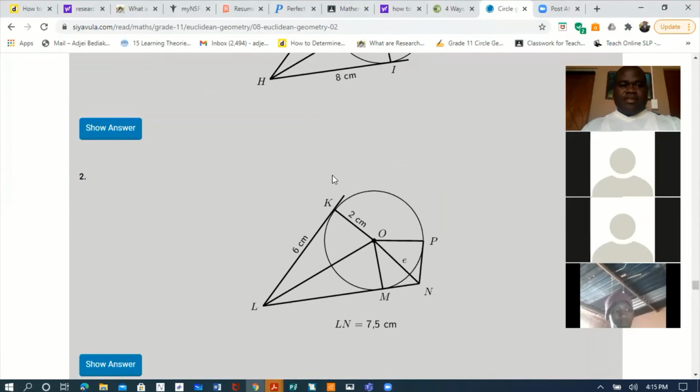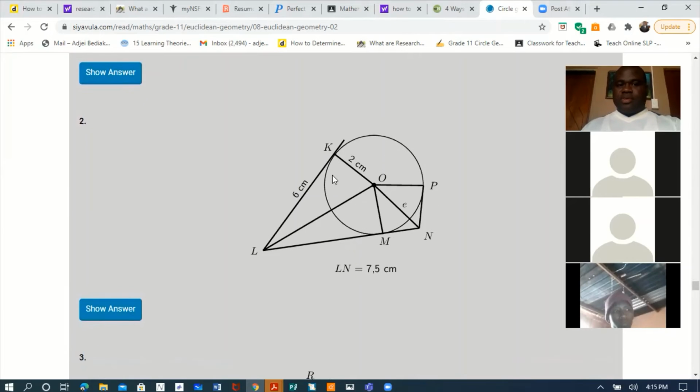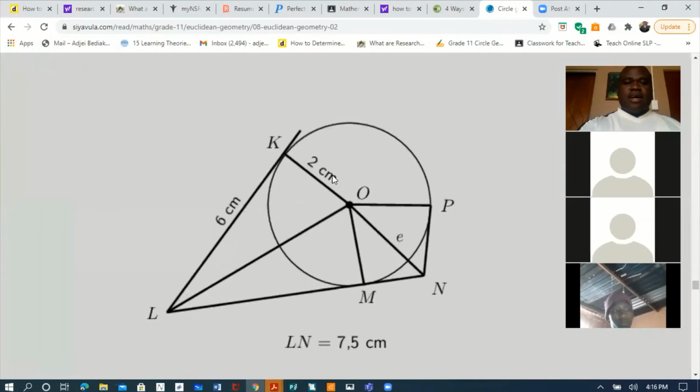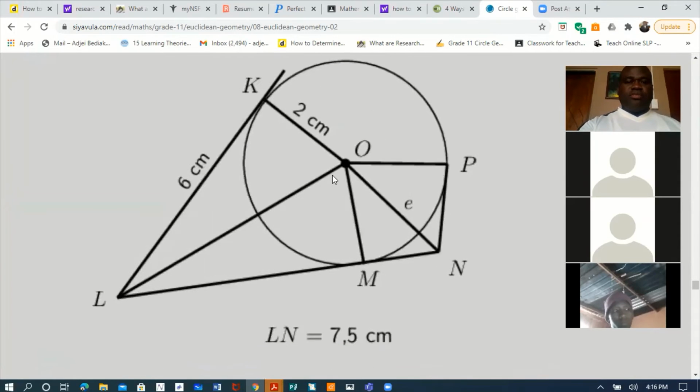Let's start today with question 2, and then we will see how that should be answered. What line is this, OM? Radius.